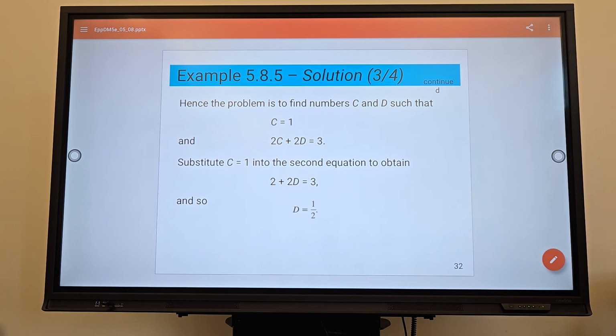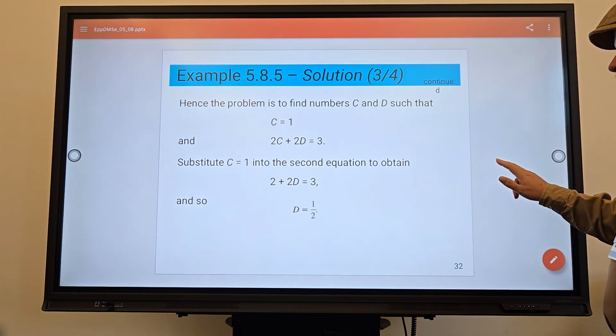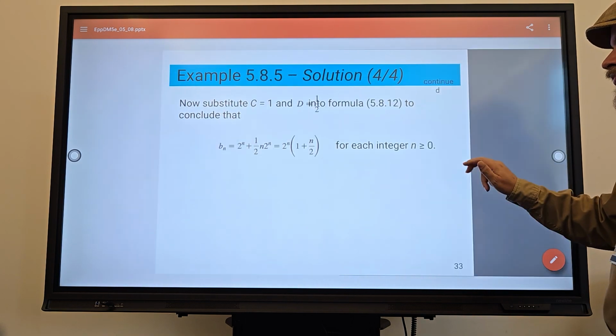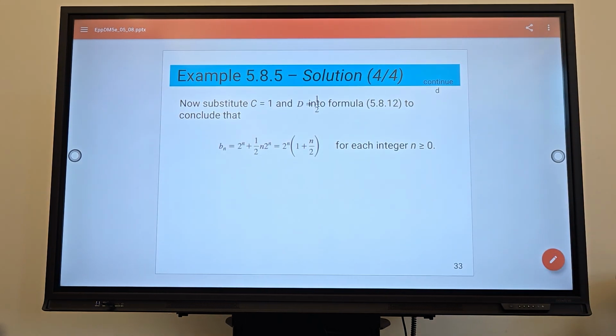Substitute c equals 1 into the second equation, and you get d equals 1/2. Now substitute c equals 1 and d equals 1/2 into the formula to conclude that b sub n equals 2 to the n plus 1/2 n times 2 to the n, or 2 to the n times the quantity 1 plus n over 2.